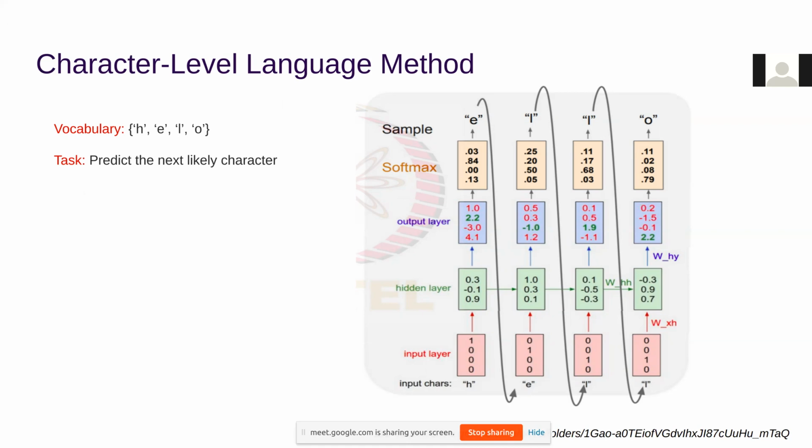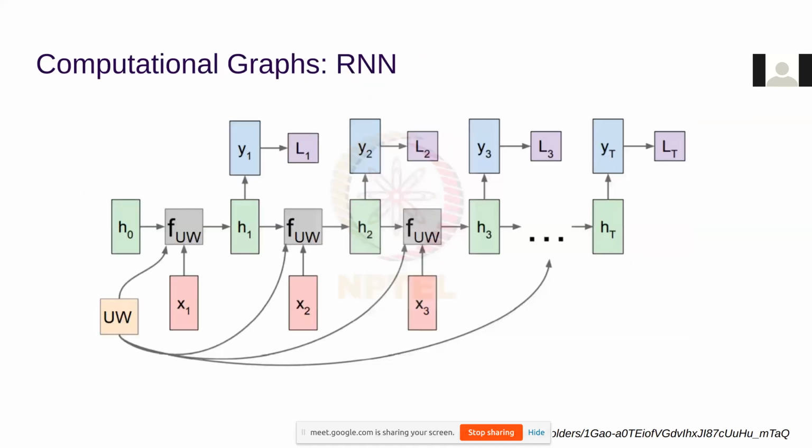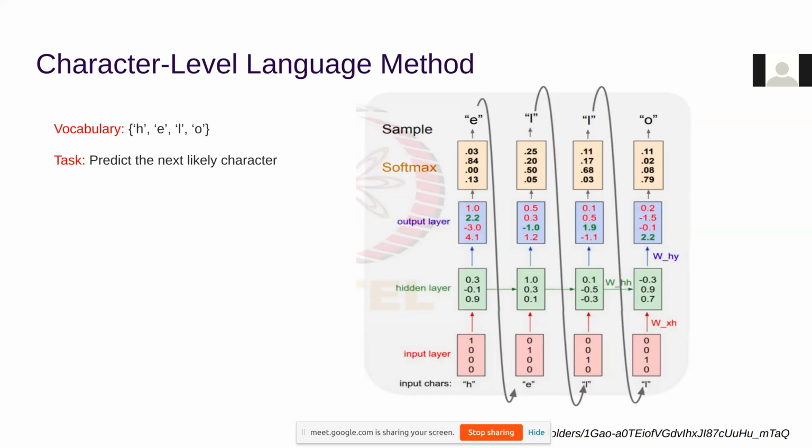This is exactly what we saw just one slide before, and now how this works is shown here. The loss is computed after this softmax layer. What will be the loss here? Can anyone help me answer?